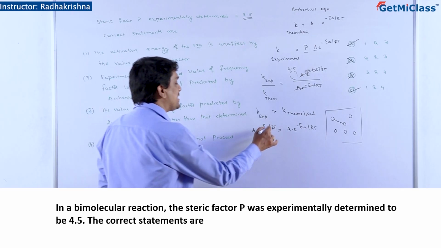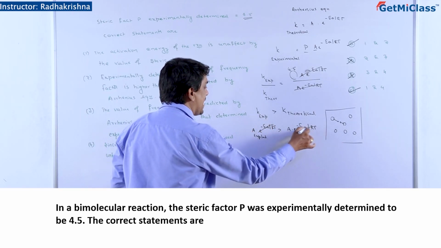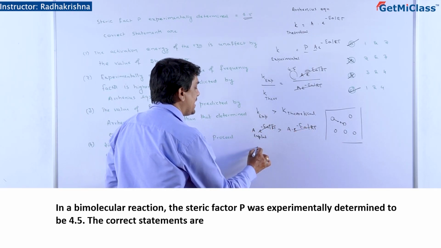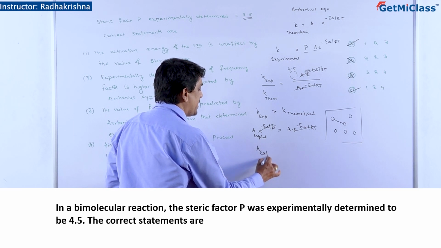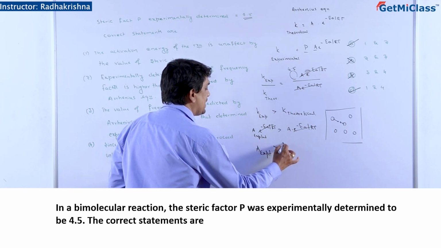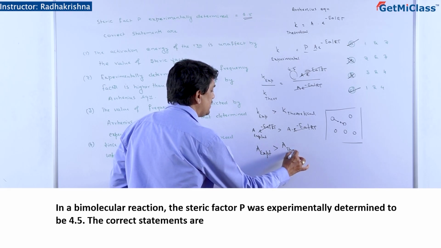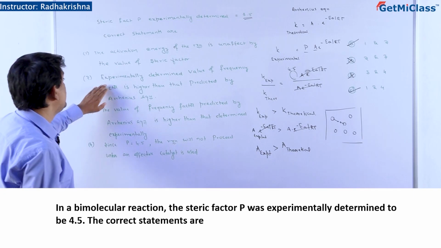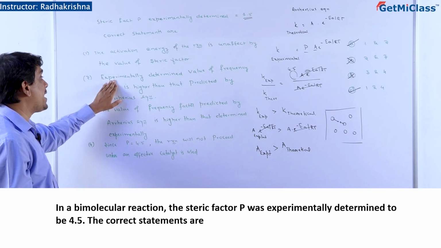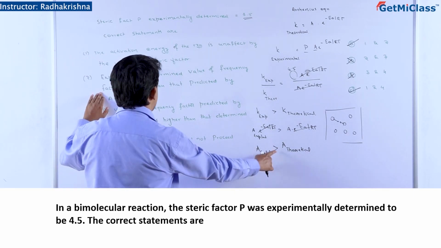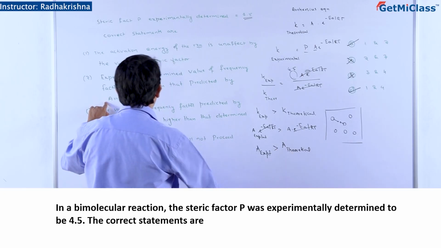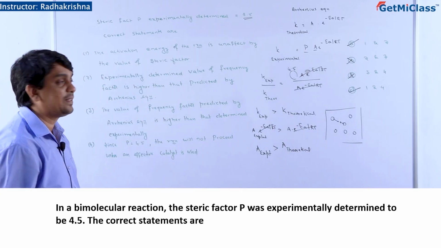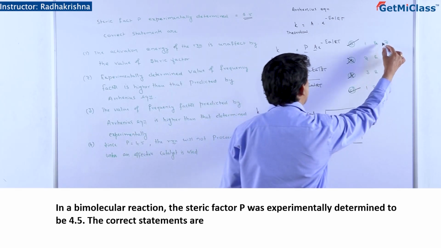So all of you can see that this and this will get cancelled out. Now what's remaining? Frequency factor of experiment is greater than frequency factor theoretical. Whether the same is given, let's check. Experimentally determined value of frequency factor is higher than that predicted by the Arrhenius equation. It's absolutely correct. So 2 is also absolutely right.